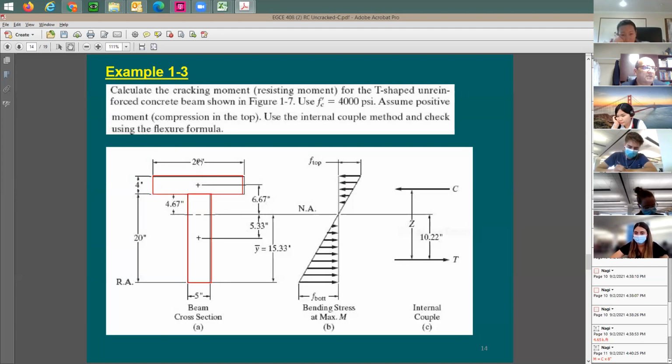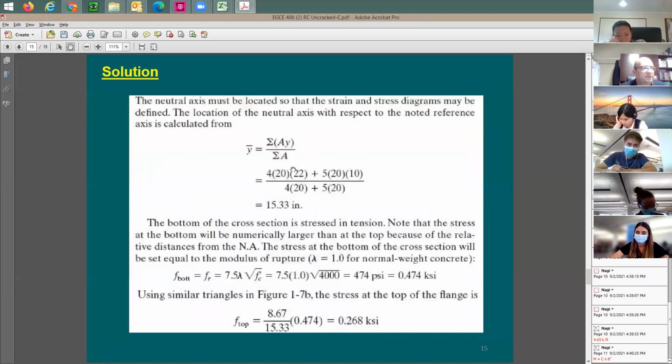Cross-section area of section number 1 is going to be 20 times 4, which is 80, and section number 2 is going to be 100, 20 times 5. So I see this here, 4 times 20, 5 times 20. So this actually gives you the cross-section area, right? And then you take this 22 inches, and this gives you 10 inches for the distance from the reference datum.